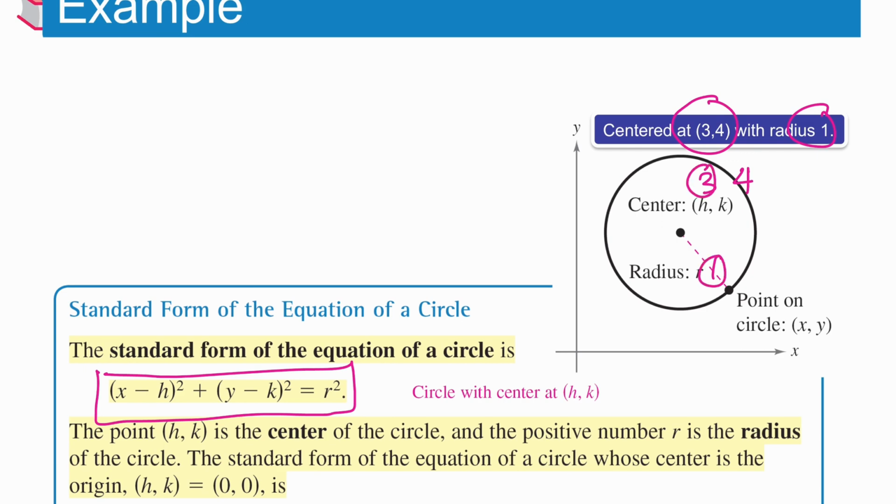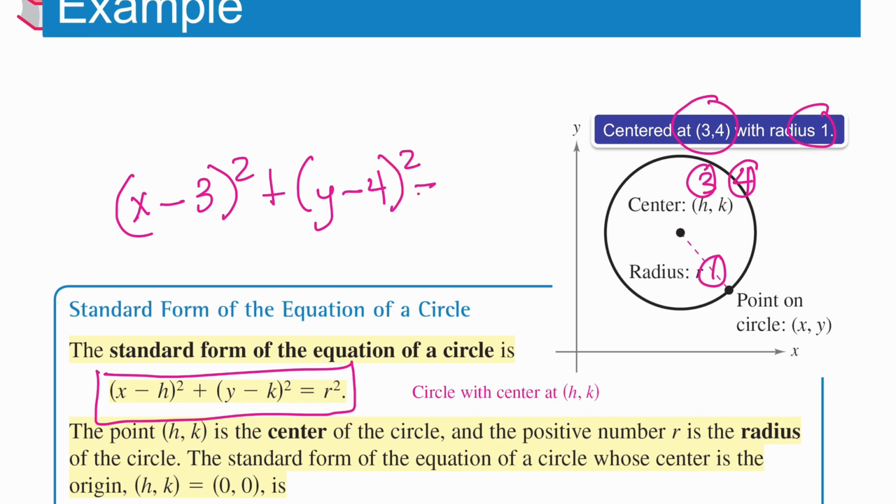So I do (x minus 3) squared plus (y minus 4) squared equals 1 squared, which is just 1 in this case.